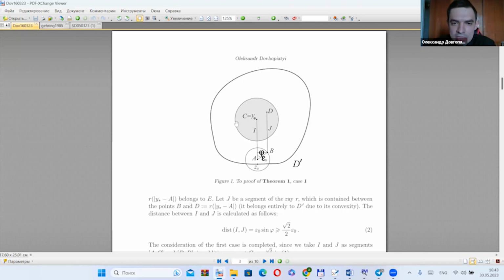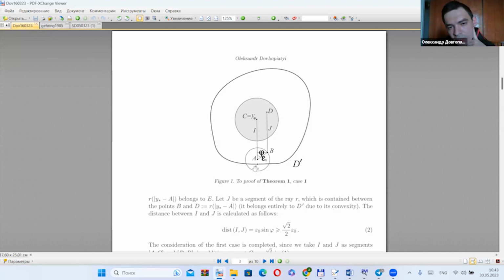So this ball completely belongs to this domain, and we have point Z0 from the boundary, and points A and B which are close enough to this point.